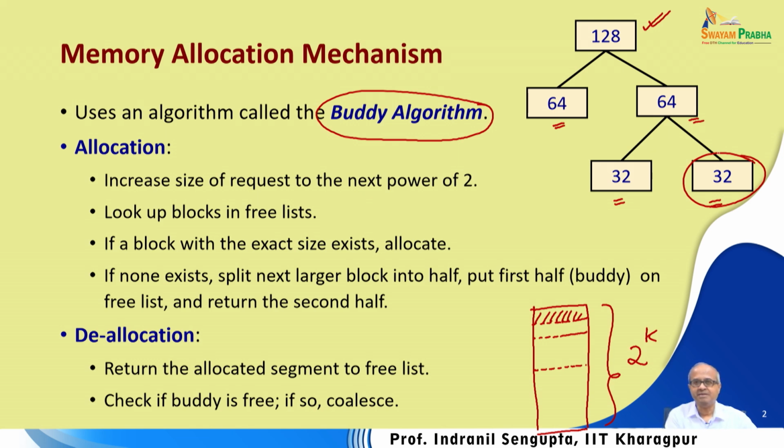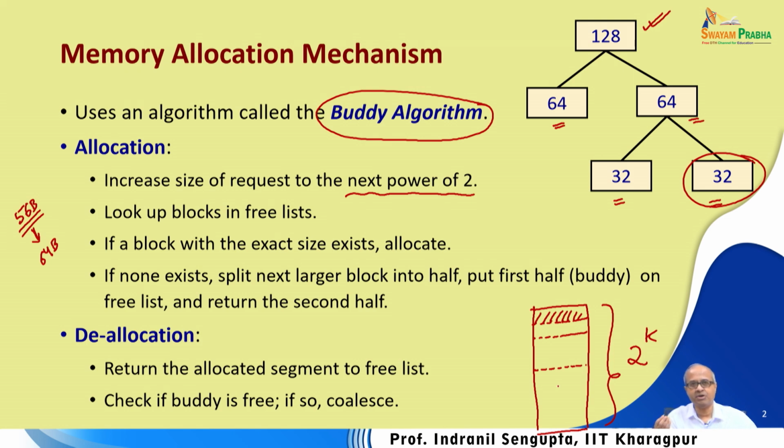So, for allocation, the first thing is that when a process is requesting some space, it is not allowed to request any arbitrary value. That means, whatever number of bytes I need, it must be rounded to some power of 2. Like for example, if it requires 56 bytes of space, it will say that, well, I need 64 bytes, which is a power of 2. So, now the memory management unit will search through this buddy list, to see if a block with that exact size is available somewhere.